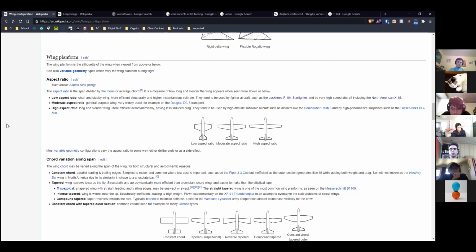Fighters are really the only ones that frequently have low aspect ratios, and it's because the lower your aspect ratio, basically the more maneuverable your plane is, for a couple reasons, one of which is just moment of inertia. The more you spread the mass out in the wing, the harder it is to move around.